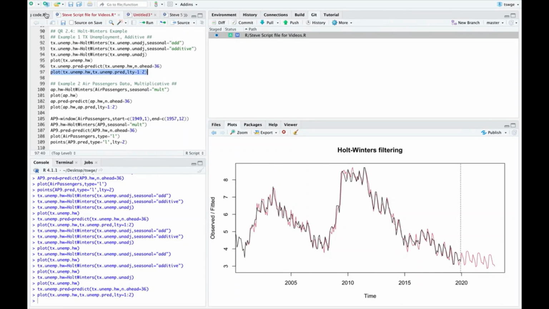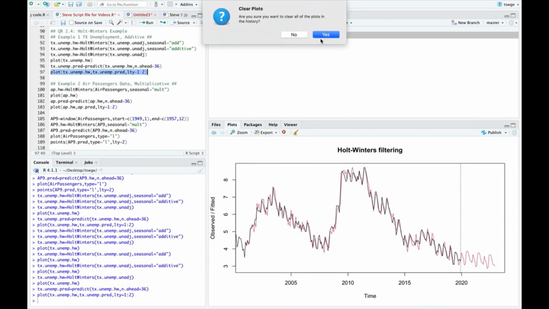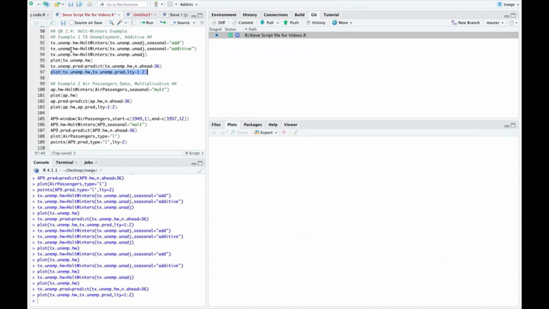Let's go over to R and we'll run some data. I'll go ahead and erase that plot, and let's take a look. So we're going to do two different examples. The first example will be an additive example, and the second will be a multiplicative example. The first one, the additive data set, will be one that we've looked at before, Texas unemployment.